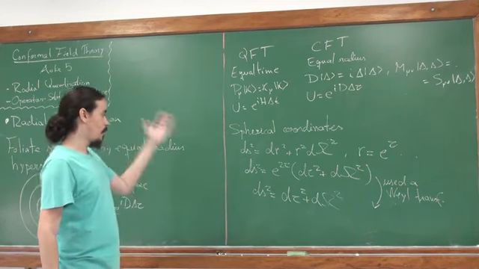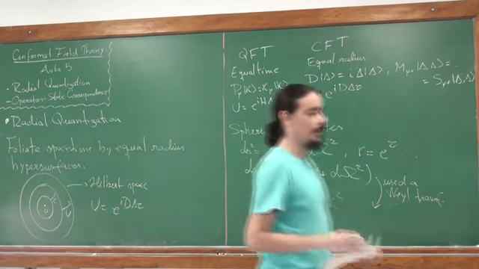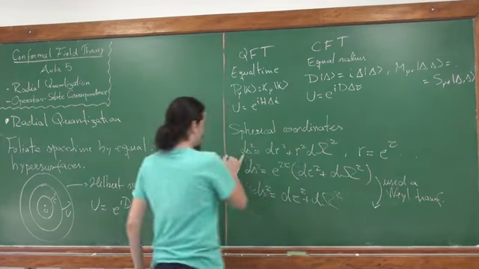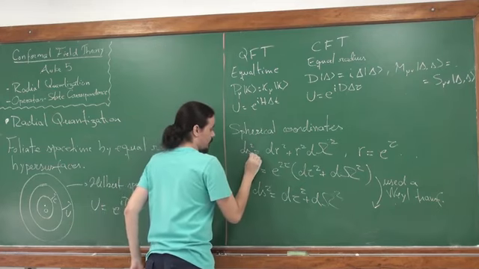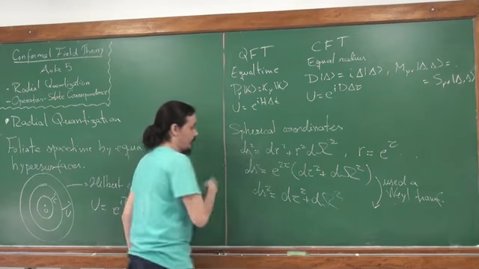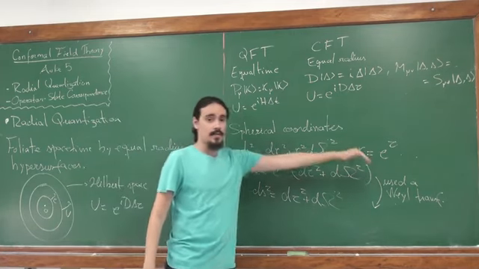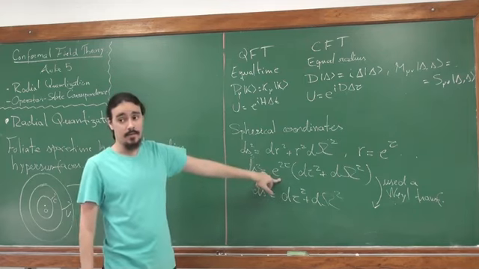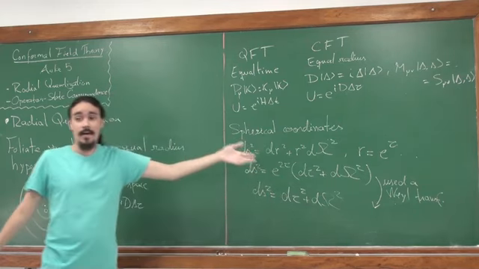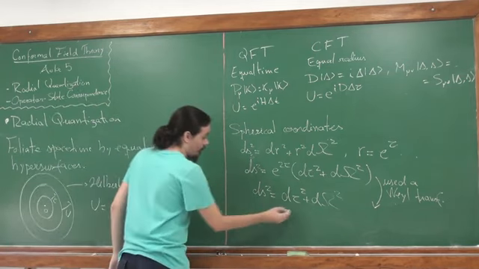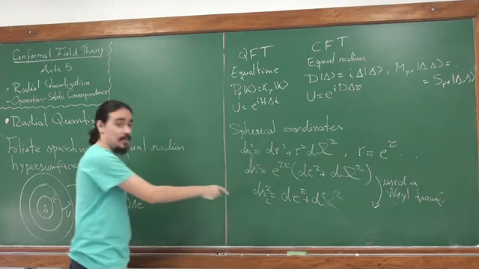And what have we found here? We started with a metric for a sphere. We use these coordinates and then a radial transformation. We are allowed to do this because we have a conformal symmetry in our problem, and we end up with the metric of a cylinder.